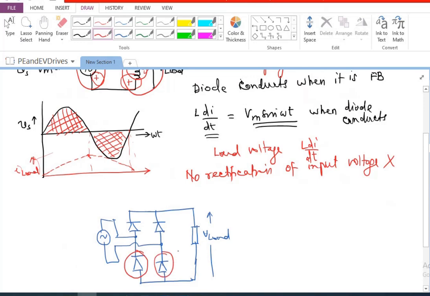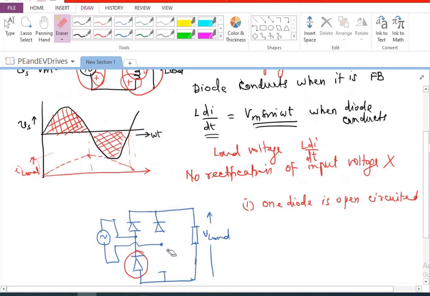If one diode conks out, the first subdivision was one diode is open circuited. So let us say this is open circuited. I'm going to show this as open circuited. Now what will happen is, if I'm calling this D1, this D3, this D2, and this D4, D4 is not even existing.